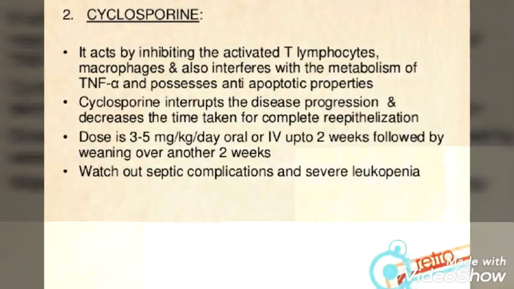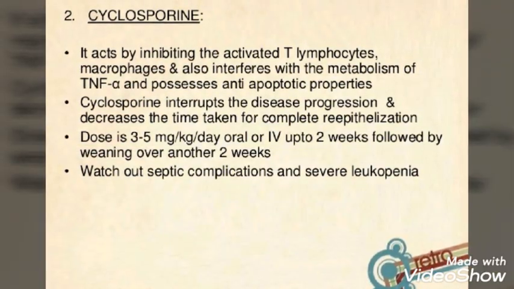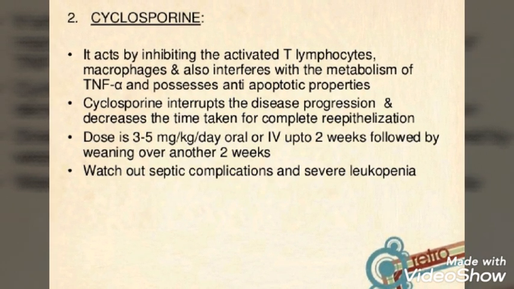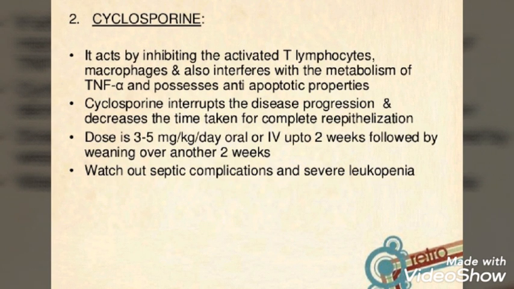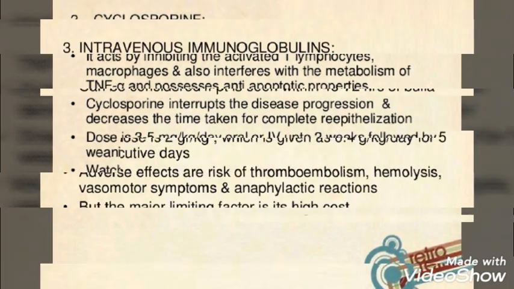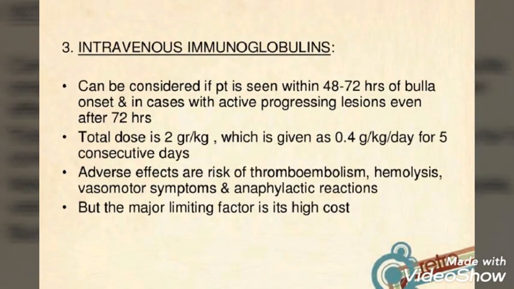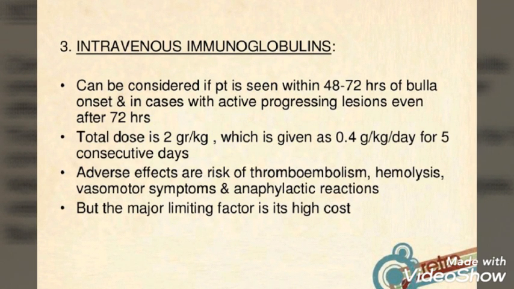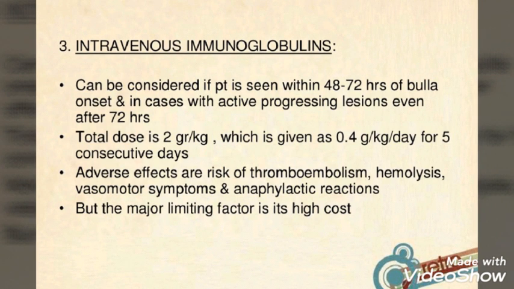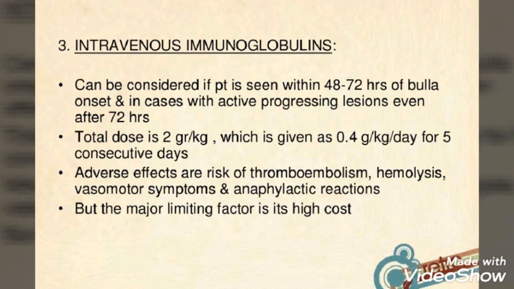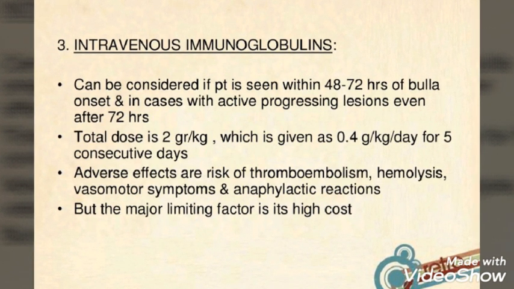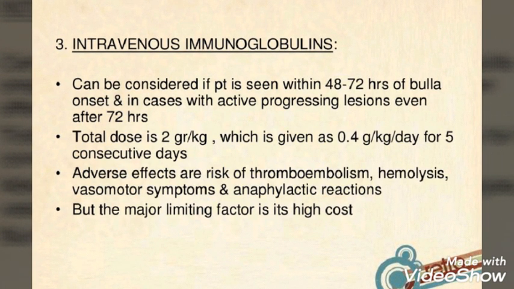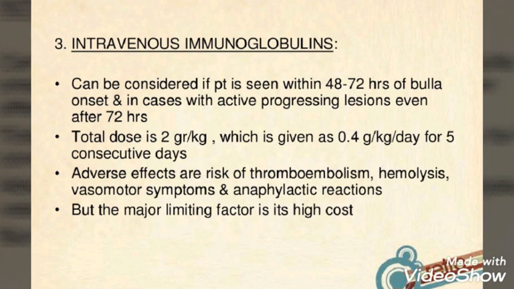Cyclosporins are given to inhibit the activation of T lymphocytes, which suppresses the immunoglobulin IgG. Then next is intravenous immunoglobulins. They can be considered if the patient is seen within 48 to 72 hours of bulla onset, and in cases with active progressive lesions even after 72 hours. So when there is more risk to the patient, in those cases these immunoglobulins are administered. That's all for the management session.